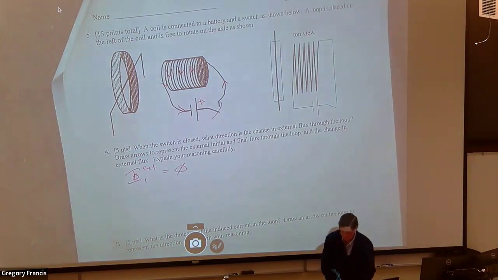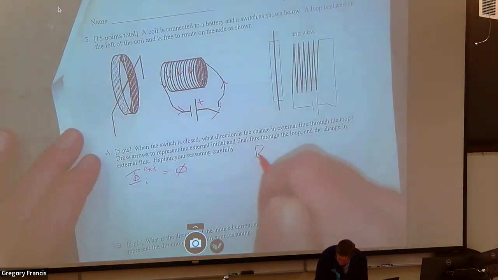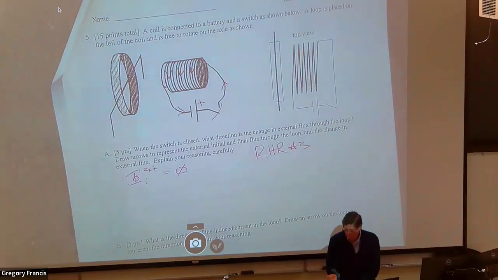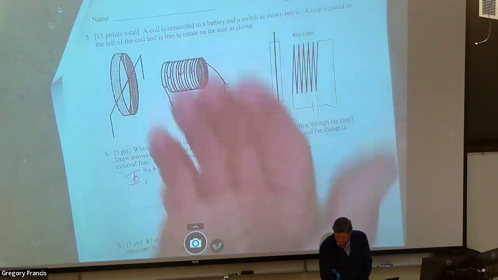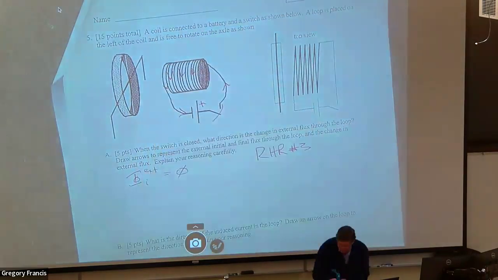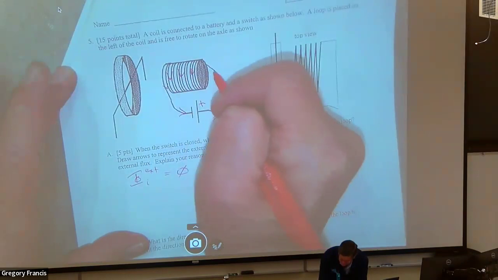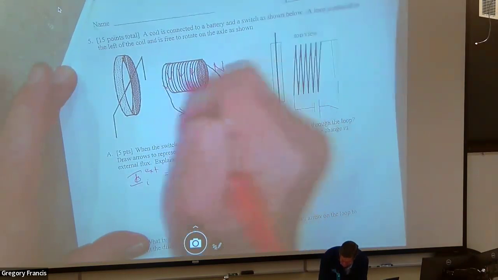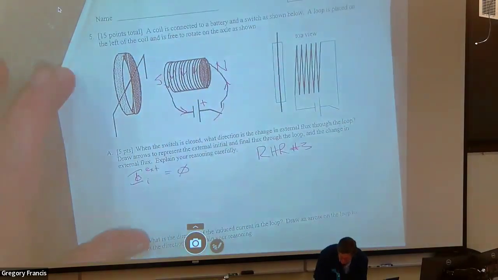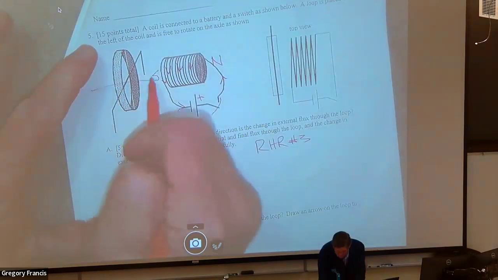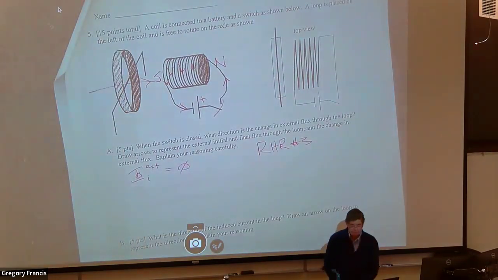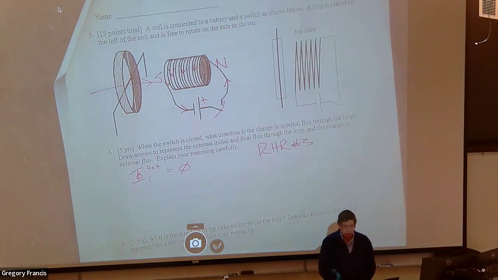Now, if I use right hand rule number 3 and curl my fingers in the direction that the current is traveling, that's gonna lead my thumb to the right, and so there's gonna be the north side, that's gonna be the south side. Now, as soon as I close that switch, I suddenly have external flux that goes towards the South Pole.